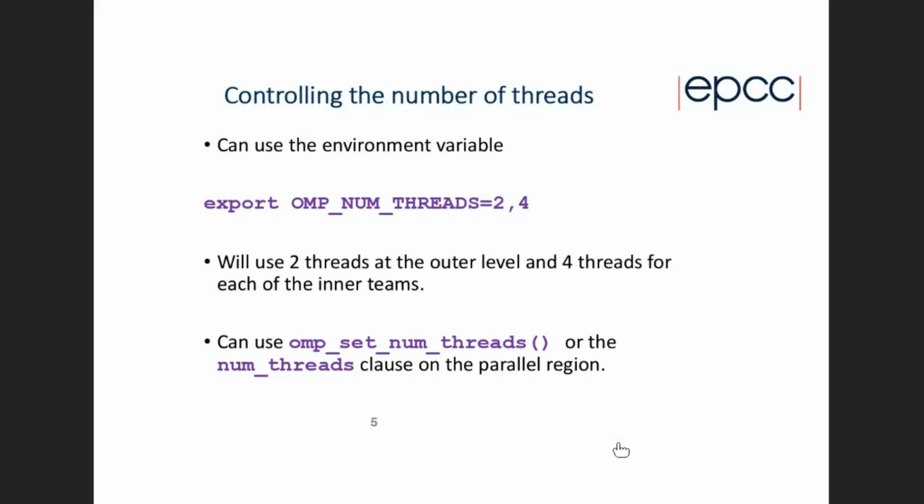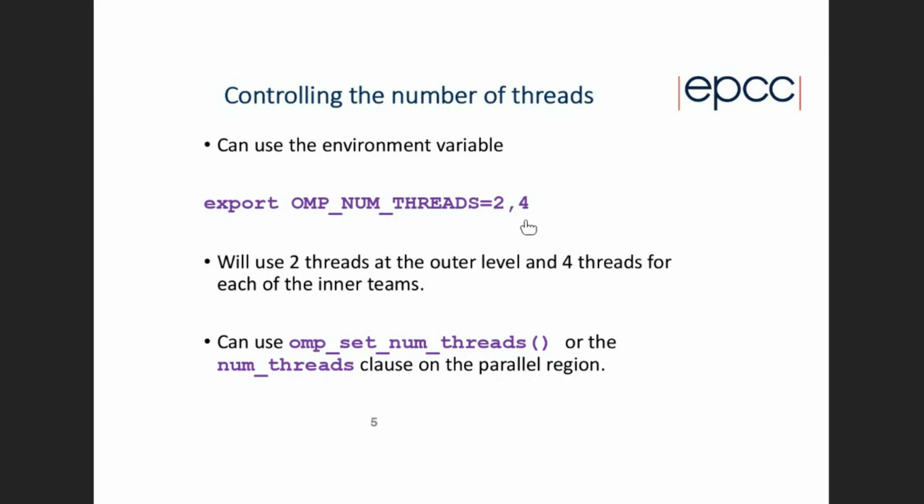Okay, so we have a number of different options for controlling the number of threads in nested parallelism. For some cases, we can just use the environment variable. The environment variable OMP_NUM_THREADS, which is normally used to control the number of threads, will actually take a comma-separated list of values.